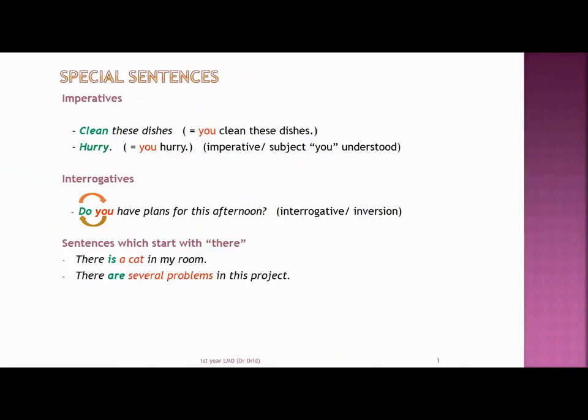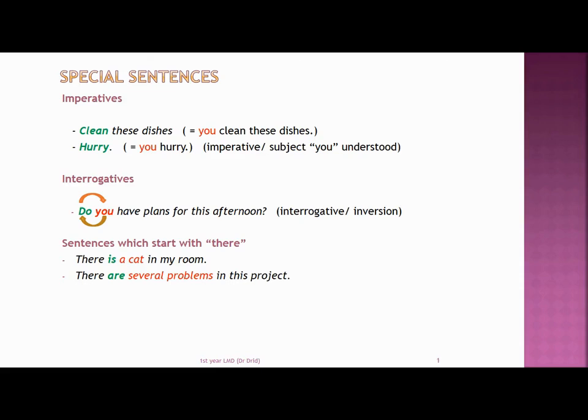We have said that any simple sentence consists of a subject and a predicate. This is the general structure. But there are some special types of sentences, and you have to be careful. We take the first two sentences. They are imperative. Clean these dishes. Hurry or hurry up.